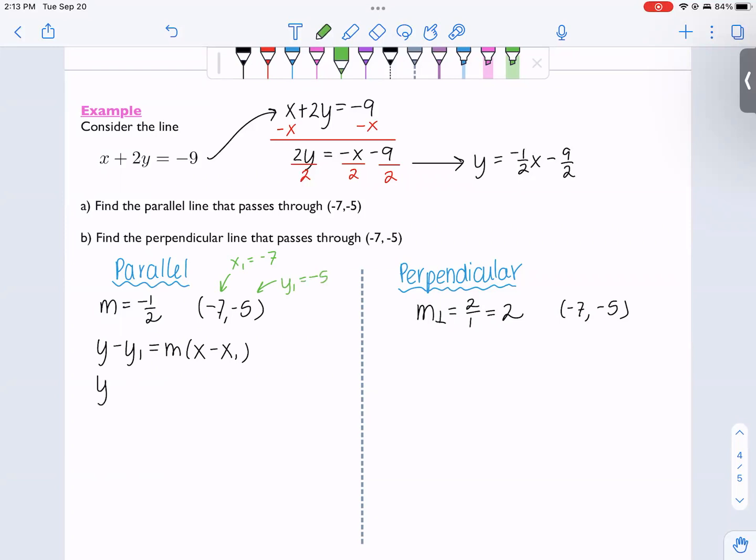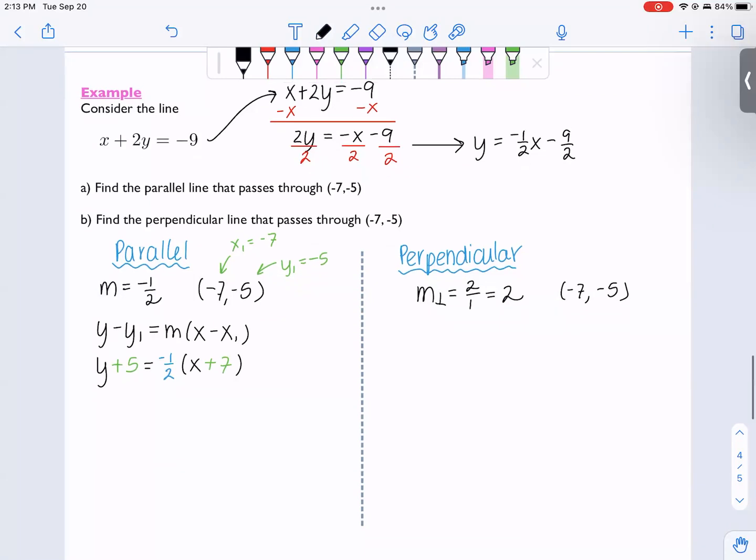So this becomes y minus -5, so plus 5, is equal to m, which is -1/2, times x minus -7, so plus 7. Solving for y, I am distributing. So I have y plus 5 is equal to -1/2 x minus 7/2.